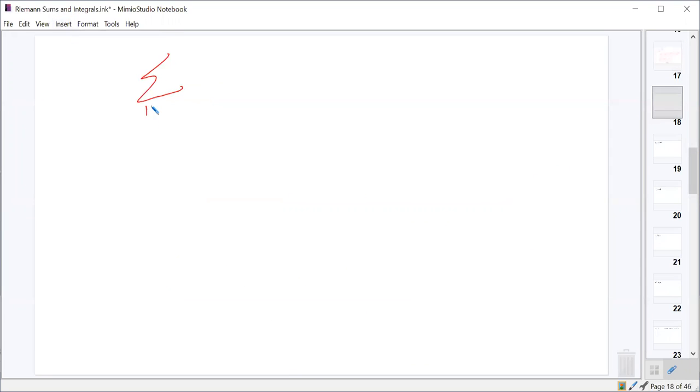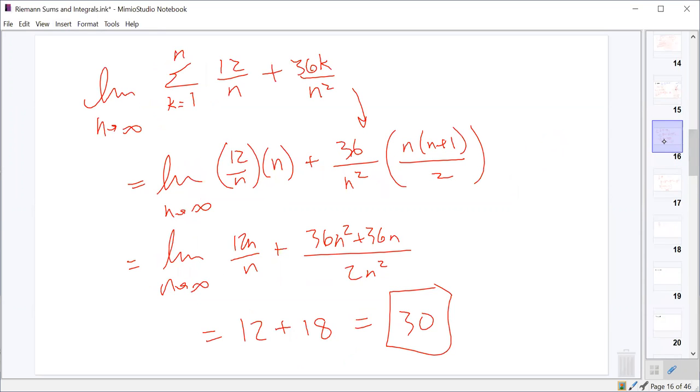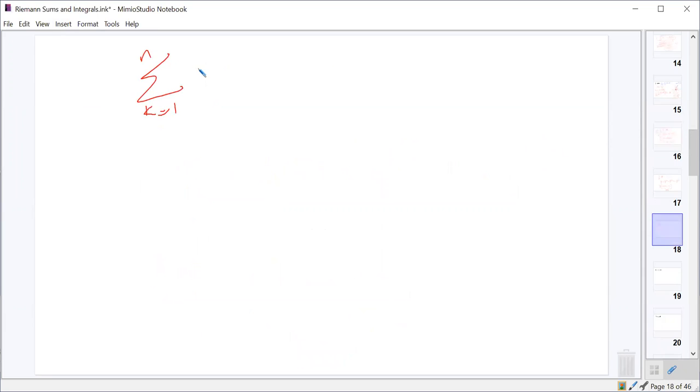The summation from k equals 1 to n of, what was it, 12 over n? Yeah, 12 over n. Since there are no k's in here, I'm just adding together 12 over n itself a bunch of times.